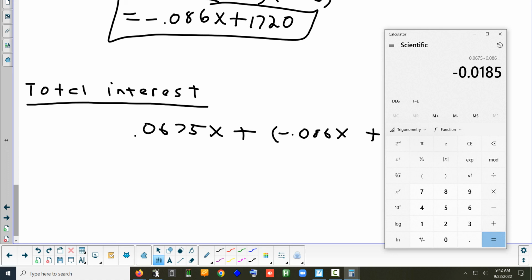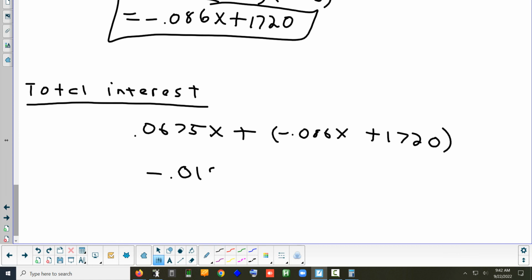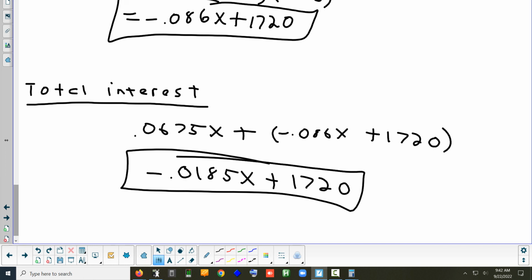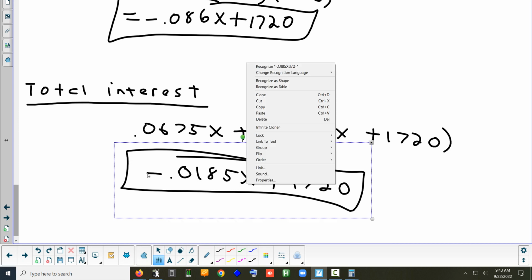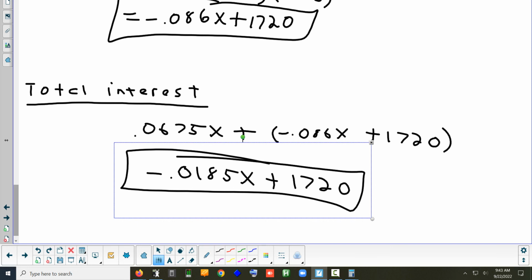That's negative 0.0185, plus 1720. So there's a formula now for the total. So if you said to me he invested $1,000 in the first account, all I'd have to do is put in 1,000 right there. Multiply and add 1720, and there's my interest.